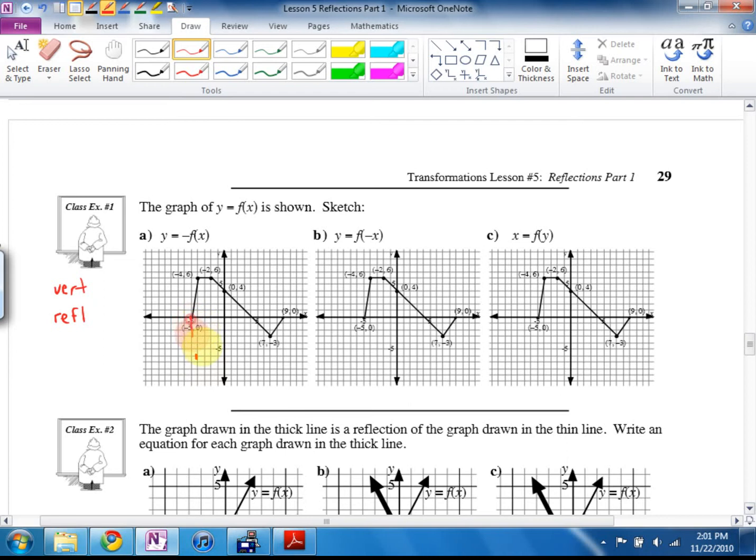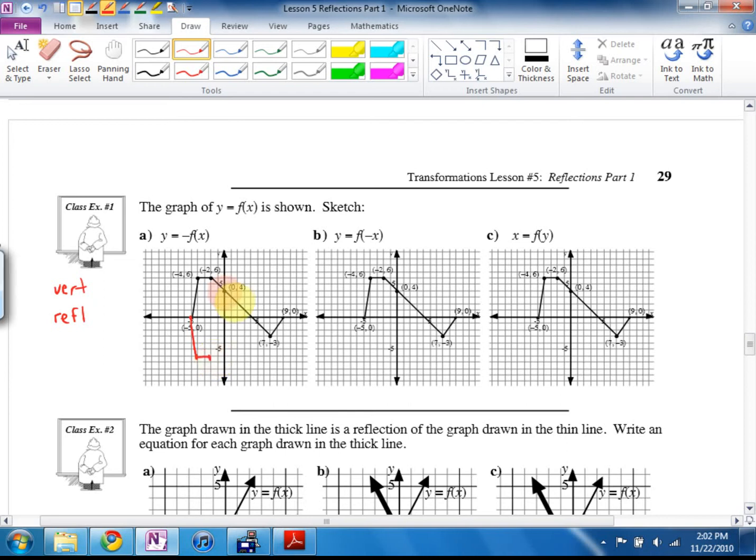Negative 2, negative 6. And connect them. By the way, can you kind of tell by looking if you've done it right? These usually end up being fairly symmetrical with each other, right? 0 comma 4 up is going to become 0 comma 4 down. Connect them.